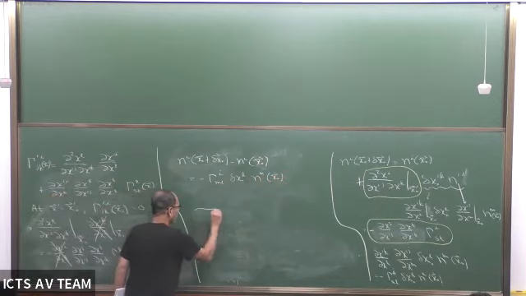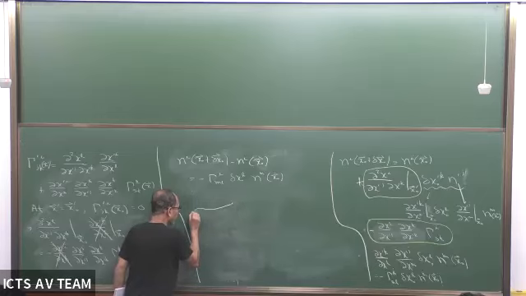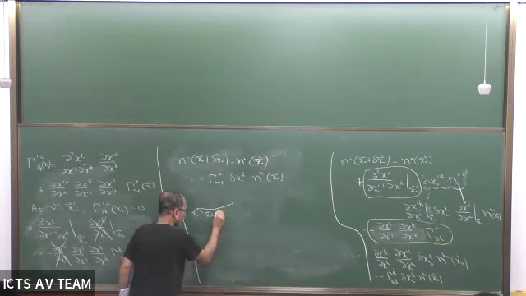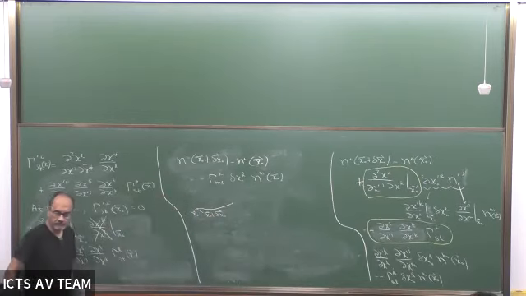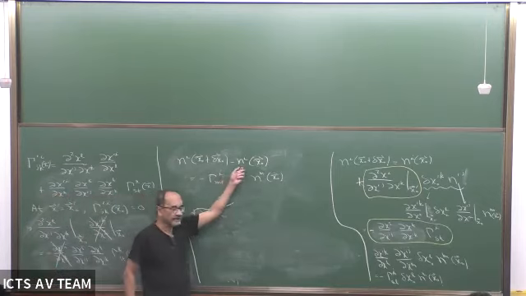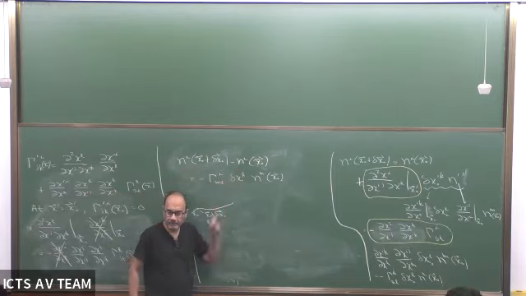So this was x naught. This one was x naught plus delta x naught. And this one is telling us how much n changes under parallel transport.